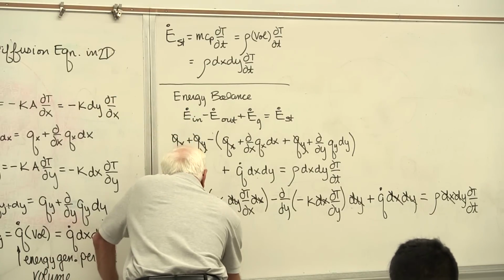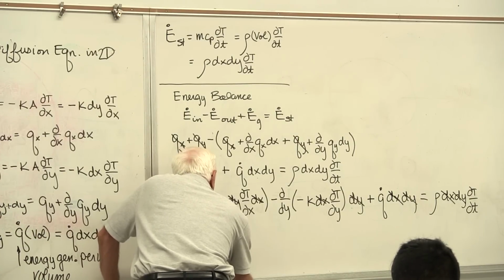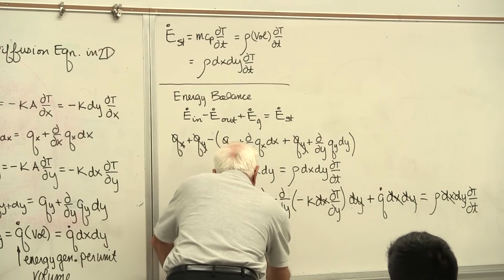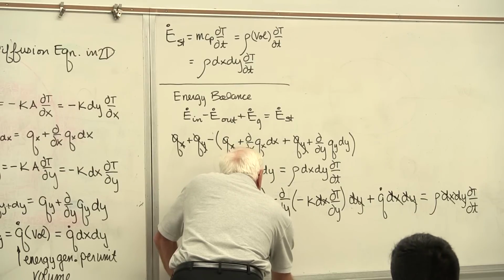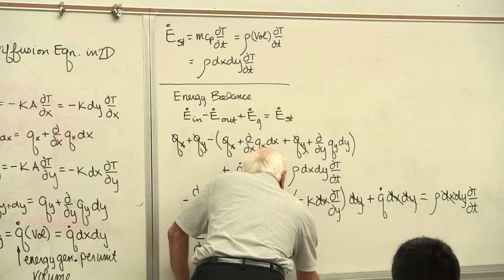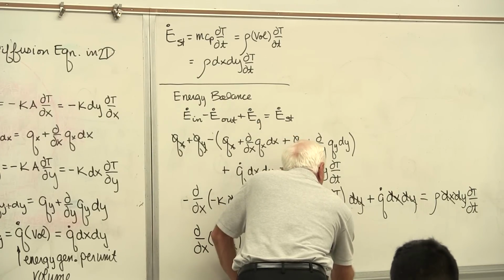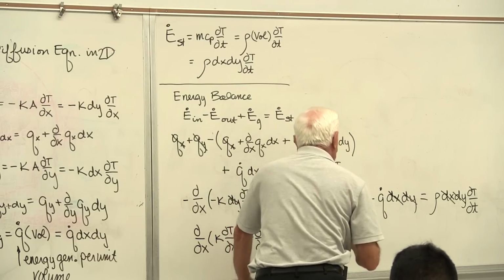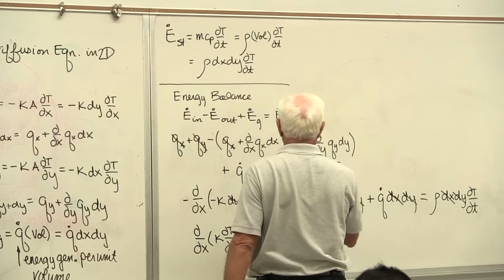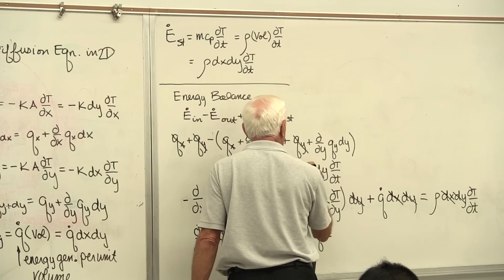So partial with respect to x of k dT/dx plus partial with respect to y of k dT/dy plus q dot is equal to, there should be a rho Cp here for storage.